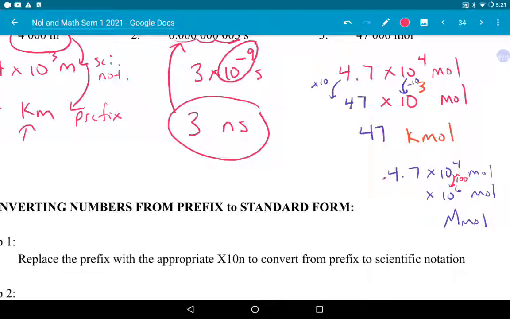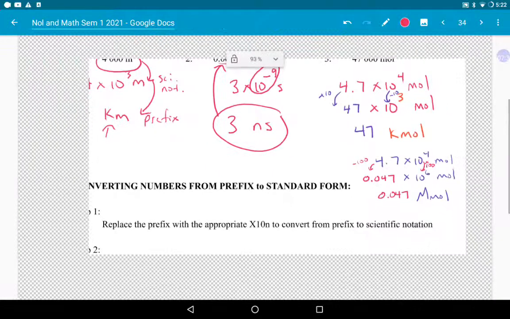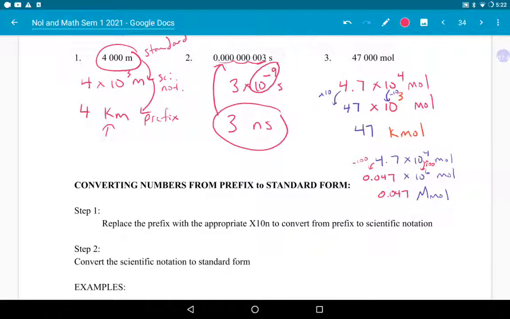So what do I have to do? I have to divide by 100 here. And I get 0.047, which is 0.047 megamoles. Okay, so sometimes you get stuck in an in-between power that doesn't have a prefix readily associated with it, and you could switch to one quite easily. You just make some adjustments.